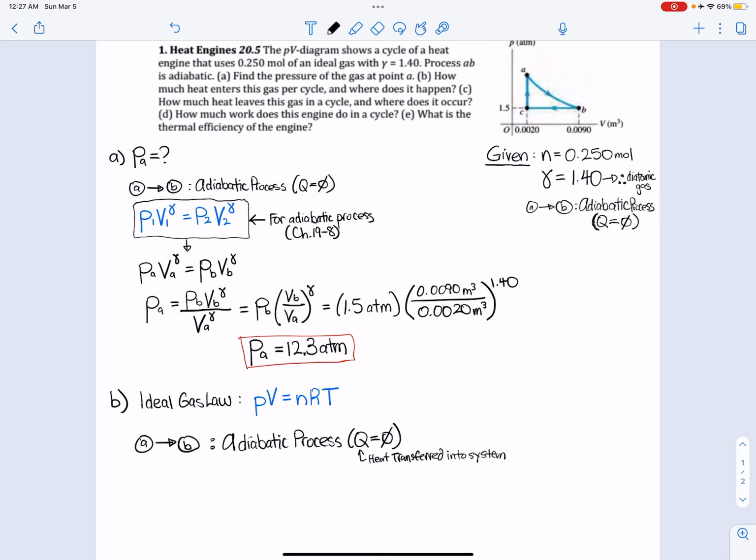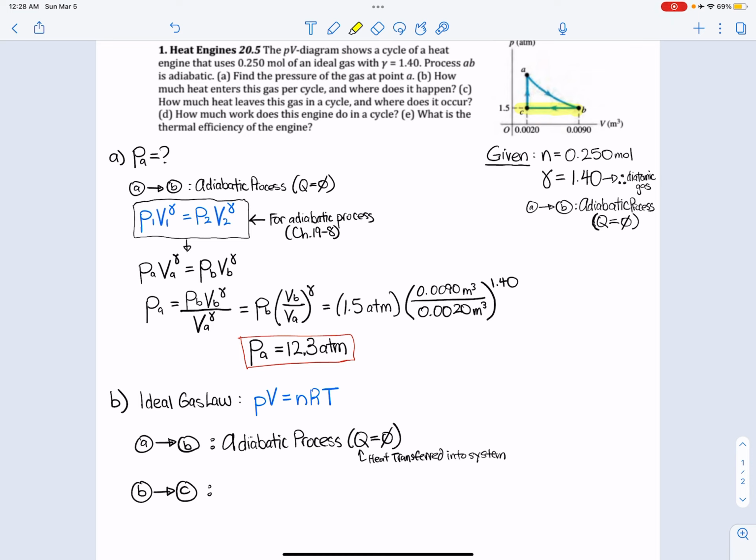All right, let's look at the process from B to C. I'm looking at the PV diagram. From B to C, I go from state B to state C. And if you notice in the PV diagram, we maintain our pressure from state B to state C at 1.5 atm.